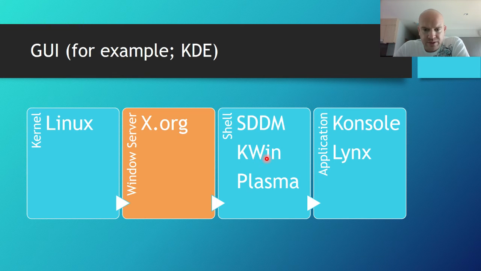And then the window manager wants to paint up some menus and stuff. And those menus will be provided by a desktop environment, which in this case would be Plasma. So these three components interact to enable you to launch applications.